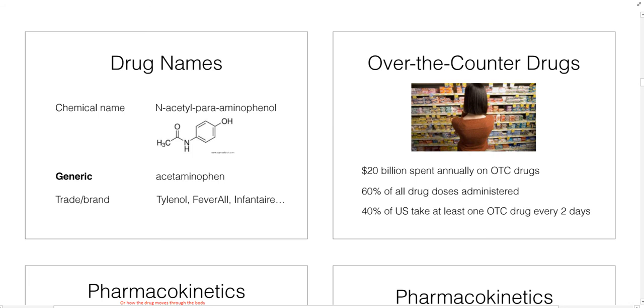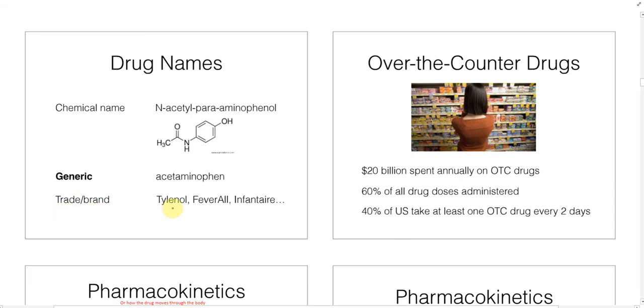And drug names come in three fancy little names. We have the chemical name, which virtually no one in clinical care uses, like N-acetyl-para-aminophenol. Acetaminophen is what we're going to call it, and that's the generic name. This, in general, is the name we always want to go with because it is the universal name given to all drugs of that type, regardless of their trade or brand name.